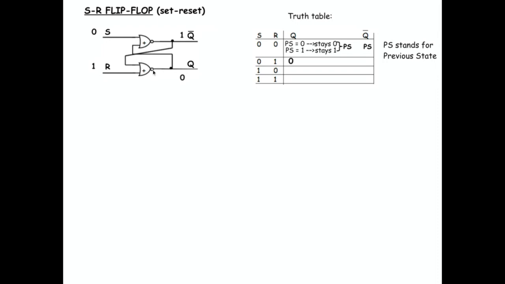And the opposite of 1 is going to be 0. And this is what we wanted, right? We send the signal to reset, and we want Q to be 0, right? So now, whether or not the previous state was 0 or 1, sending the reset signal will reset this thing to 0. Reset means set to 0.